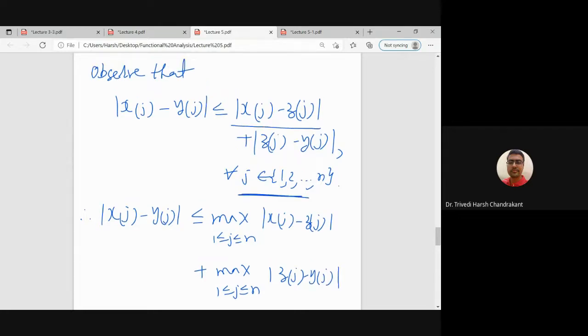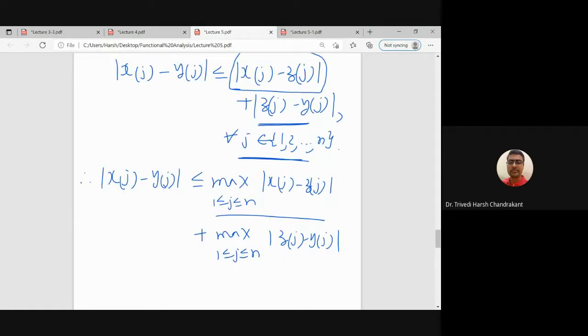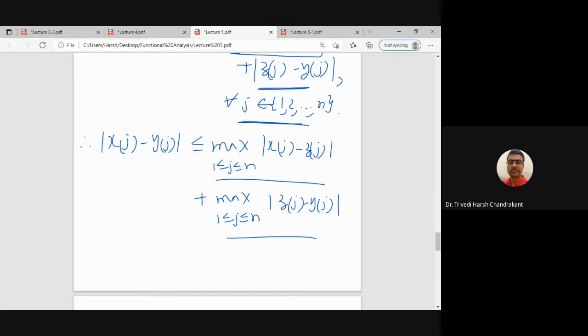So that means this number is less than or equal to the maximum over each coordinate. Similarly, this single coordinate is less than or equal to the maximum over all the coordinates. So now this right hand side is fixed, that is the number d infinity of x, z plus d infinity of z, y, right?